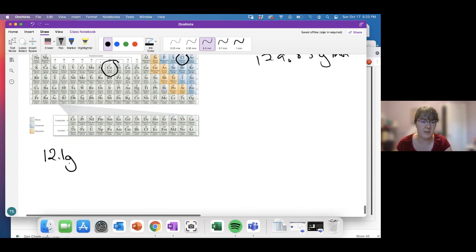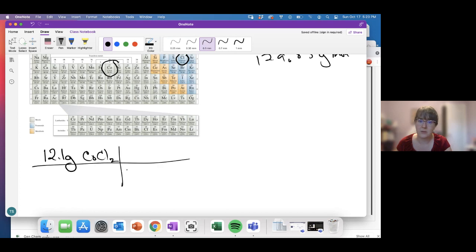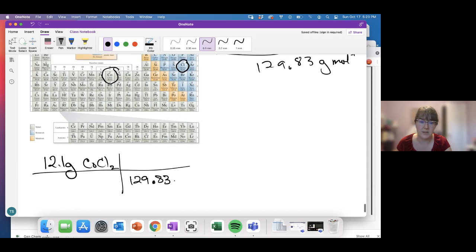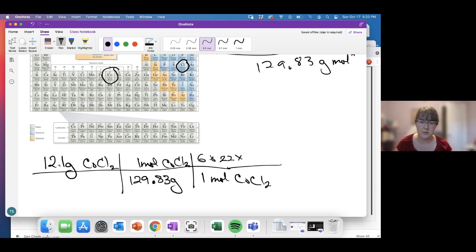So 12.1 grams of the whole thing, and there's 129.83 grams in 1 mole of the whole thing. And if I want to know about formula units, I'm going to say that in 1 mole of cobalt-2 chloride, I actually have 6.022 times 10 to the 23rd formula units.